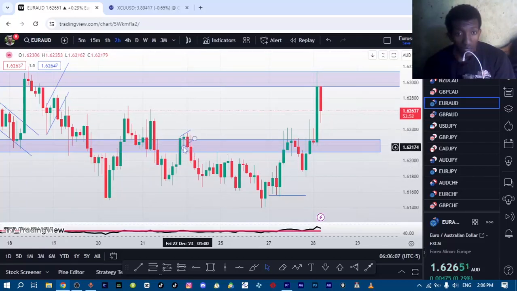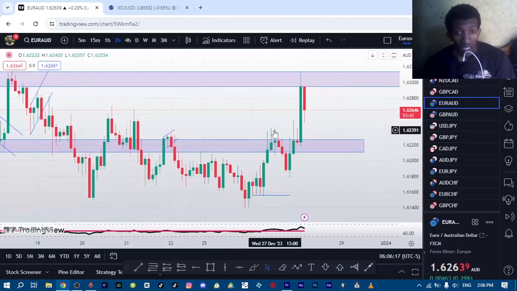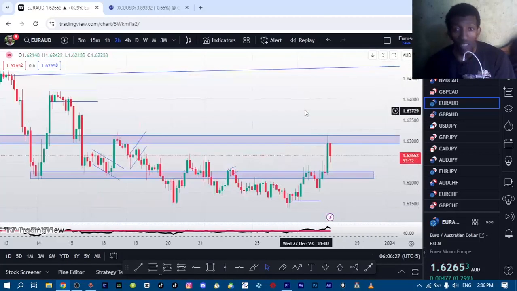If you had entered here, you could have been in drawdown and finally in your favor. Again here you could have sold and that was good. Here you are in a huge drawdown and a little bit of profit, and then finally against your direction.